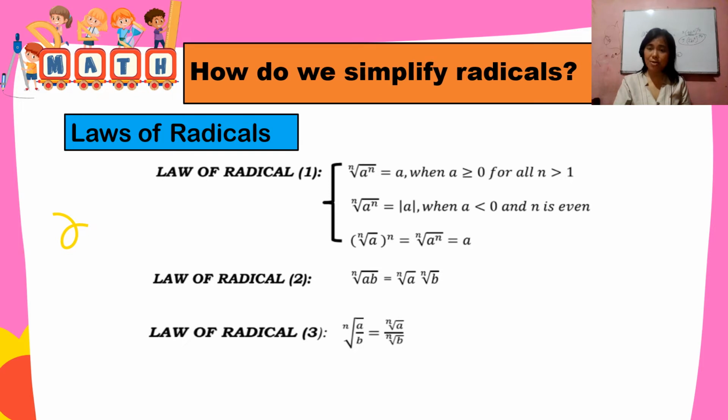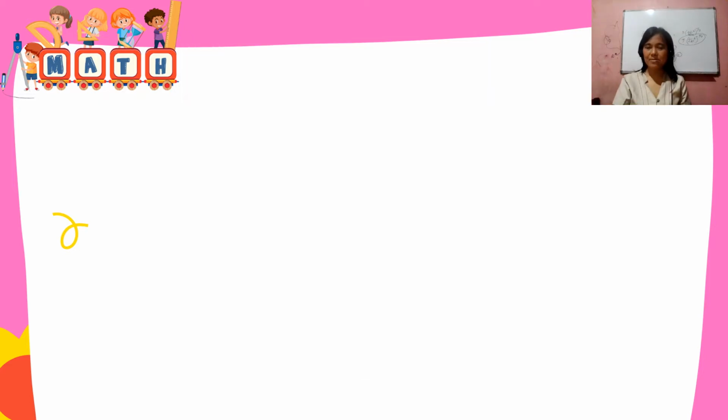Just like sa law number 2, multiplication lang yung number 2, pero yung number 3 is division. Pero same sila, paghiwalayin lang. Then, the last one is, the mth root of the nth root of a is equal to the m times n root of a. Okay, paano ba gamitin yan? Let's proceed with the examples.